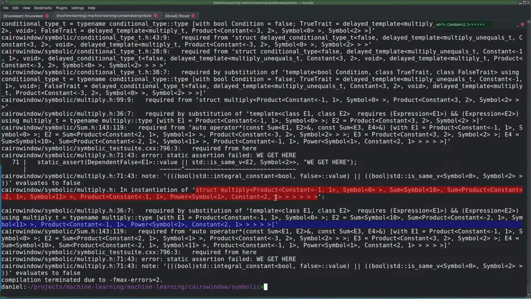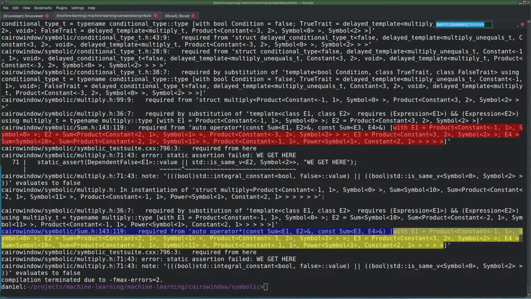I want to get at least two of them. So now I have to figure out which one is the one that I want, and then why the other one is static asserting, and then make it not static assert. At least that's the same operator.